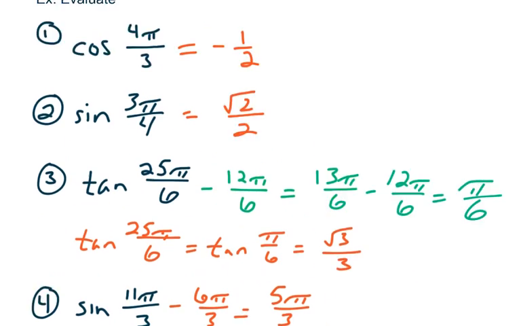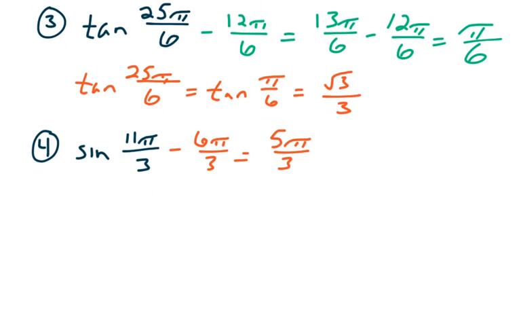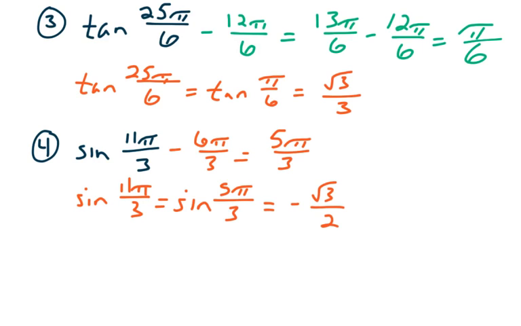Okay, so we're looking for the sine, so we're looking for 5 pi over 3, so we could say the sine of 11 pi over 3 is equal to the sine of 5 pi over 3. And when you look at your unit circle, sine of 5 pi over 3, that is negative square root of 3 over 2.